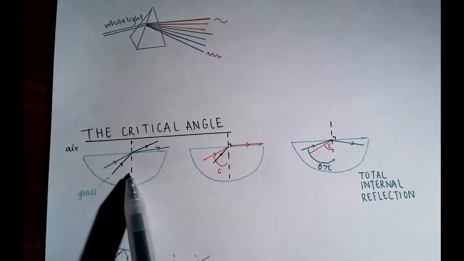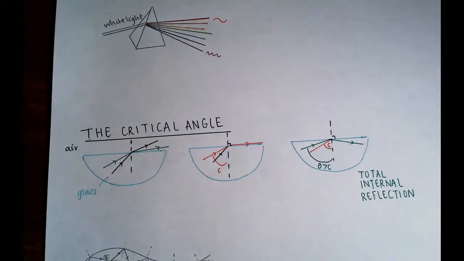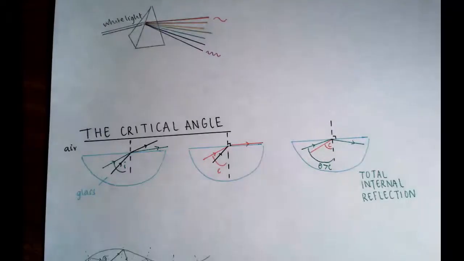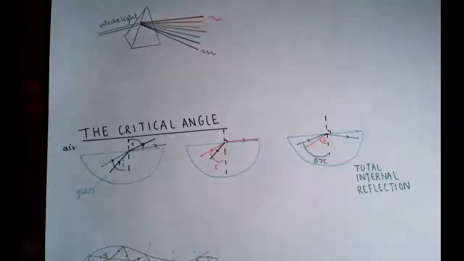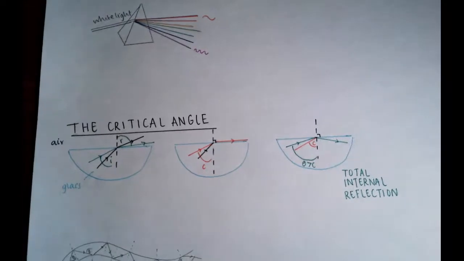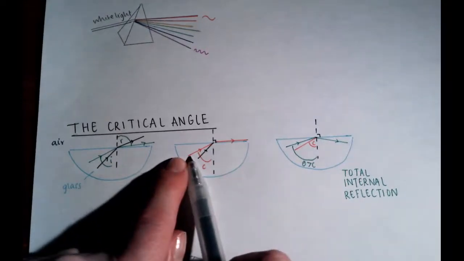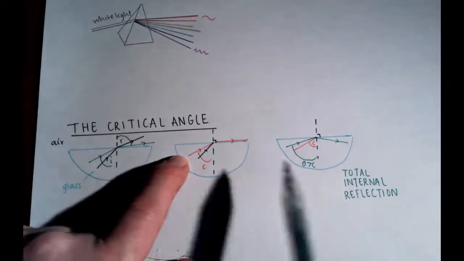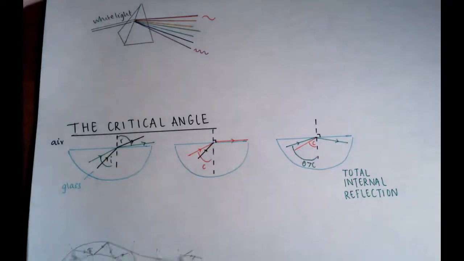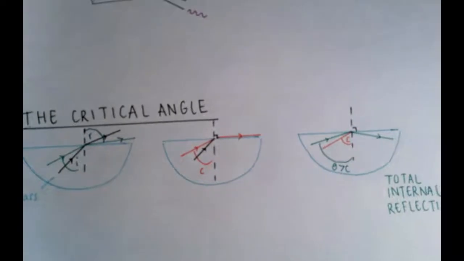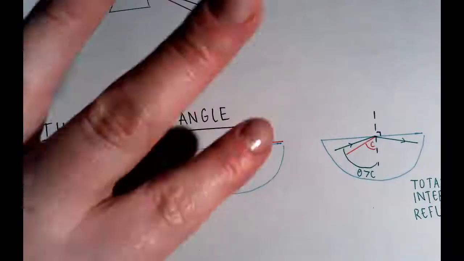And you can see then that as we increase the angle of incidence, because this is the angle of incidence here, the angle of refraction, which is this one, also increases. There comes a point where there is a value of angle of incidence where the angle of refraction is at 90 degrees to the normal, and it's travelling along the boundary.